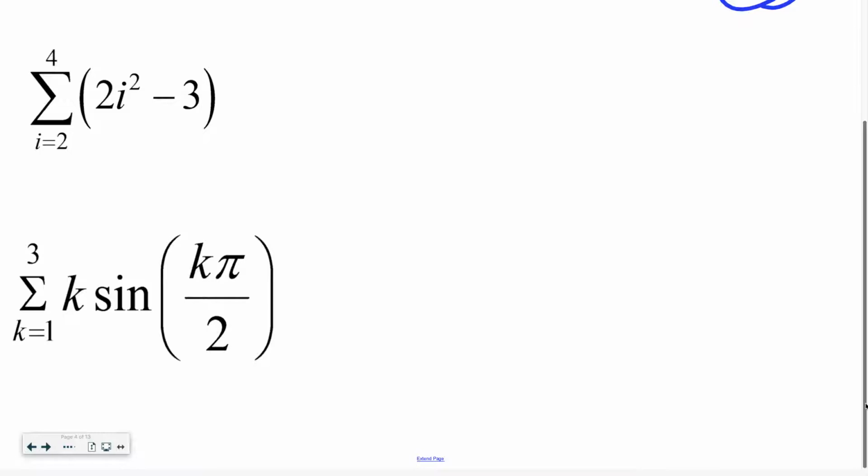Oh yes, i is a variable. It's not imaginary. We're all real. 49. 2 squared. 8 minus 3 is 5.